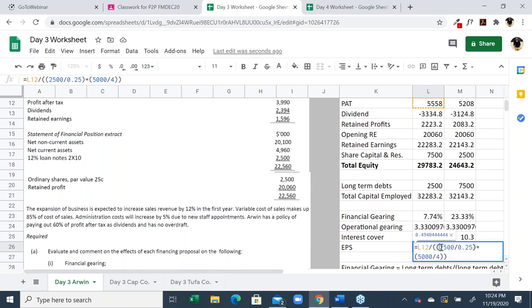The existing number of ordinary shares were 2500 divided by 0.25. Total par value divided by par value per share to get the total number of shares. The new shares were issued at $4 per share and the total amount to be raised was 5 million. So 5 million should be divided by 4 to get the new number of shares.